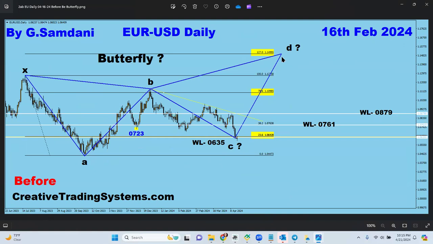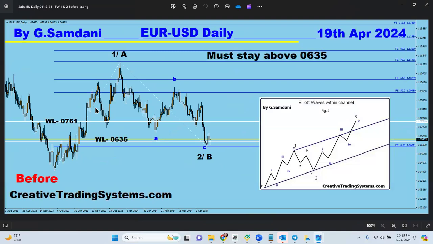That's another pattern, so it might go there if we stay above 0635. Another version, the Elliott wave version: wave one, then A, B, C as wave two, followed by wave three to the upside. All three versions depend on USD weakness.